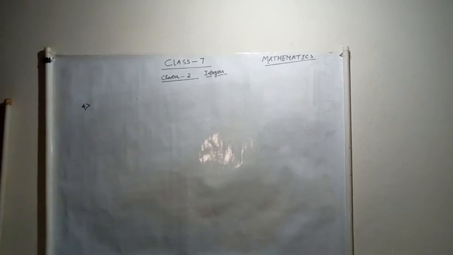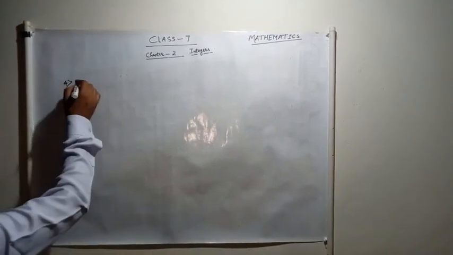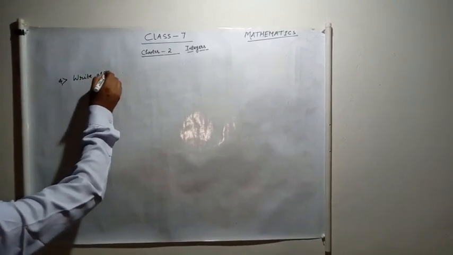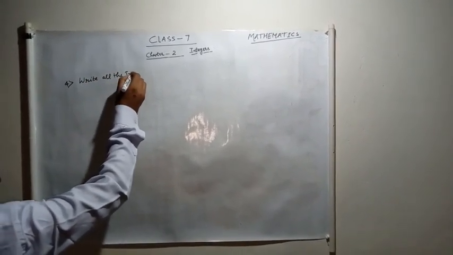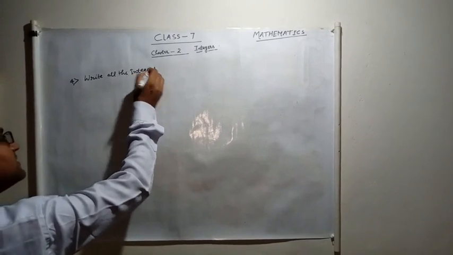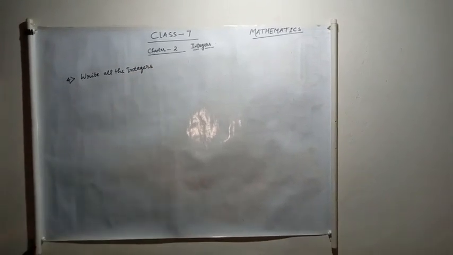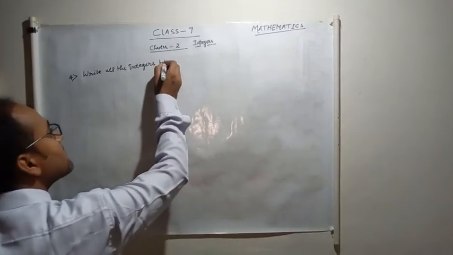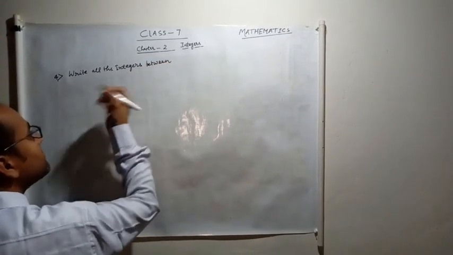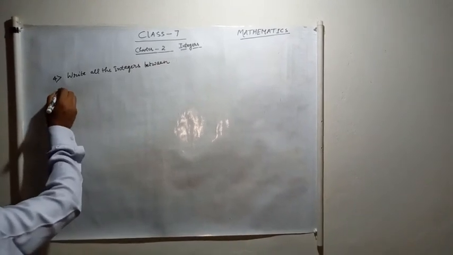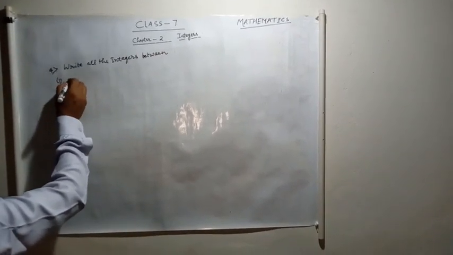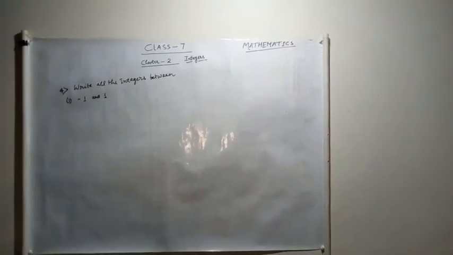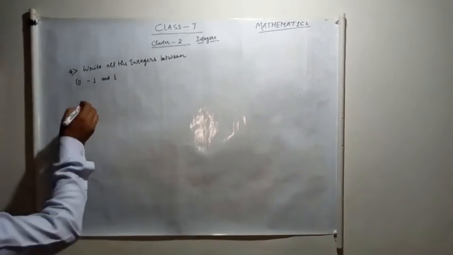Question number 4. Write all the integers between. The first one is -1 and 1.